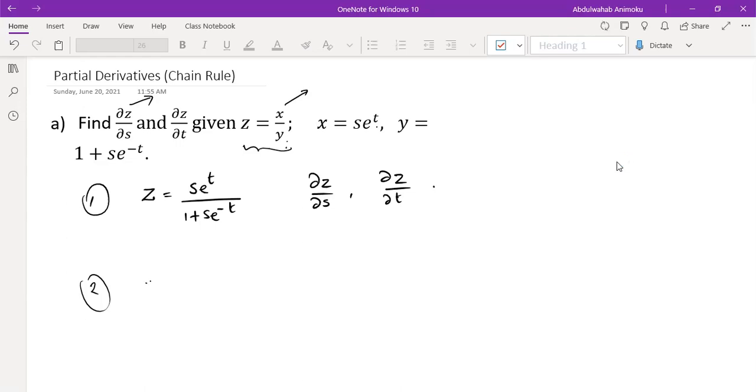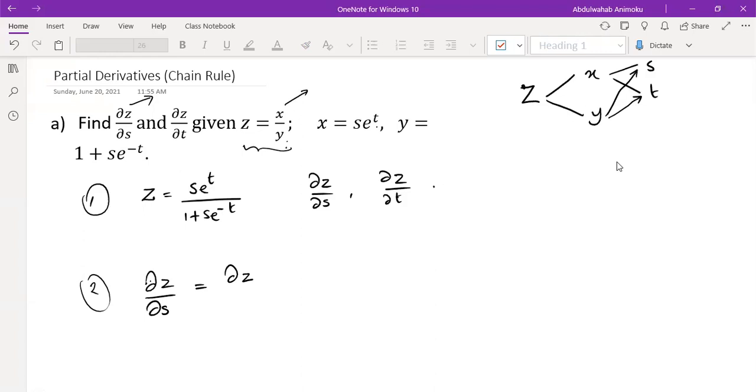Now, the second method is to work with what you have directly, to find this del z del s using chain rule. Notice that z is a function of x and y, and x is a function of s and t, while y is also a function of s and t.